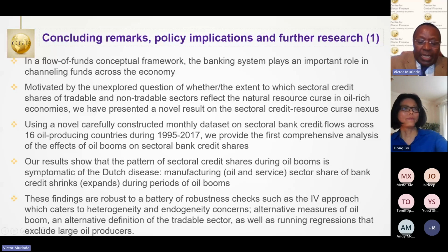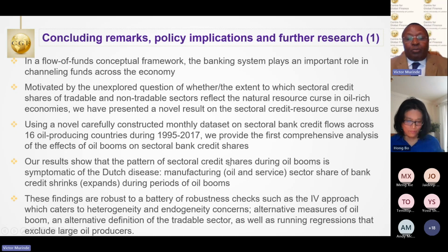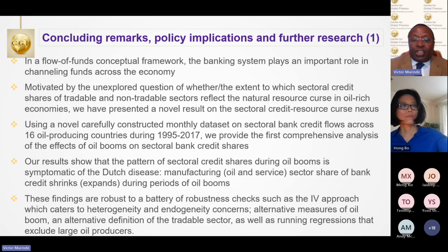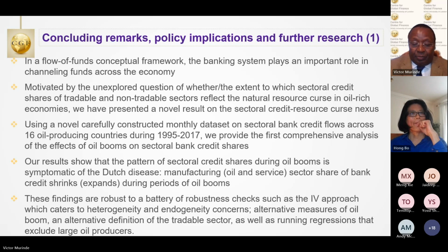We also find results which show a clear pattern of sector credit shares during oil booms that are symptomatic of Dutch disease: the manufacturing sector shrinks, and oil and services, the non-tradable sectors, expand.